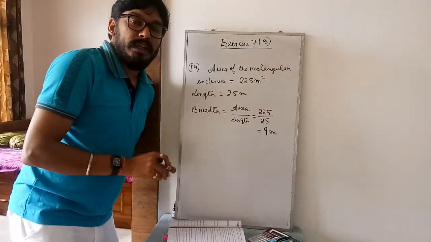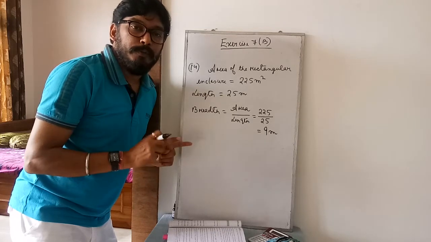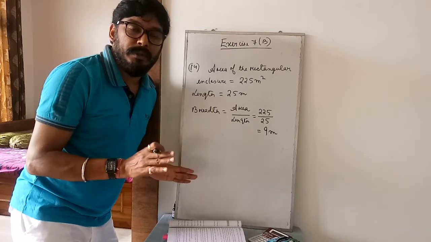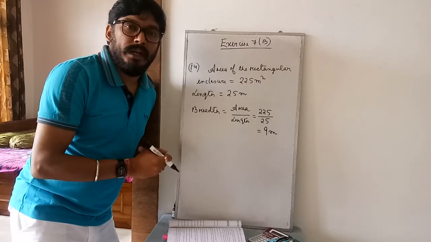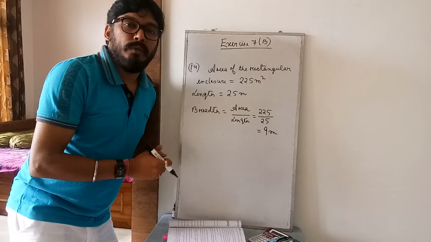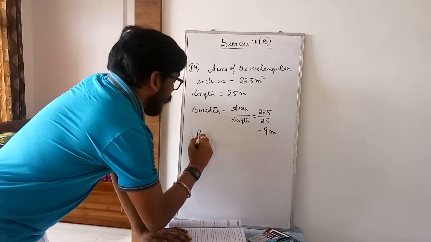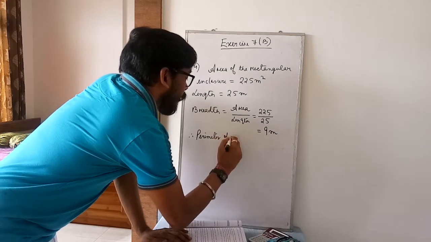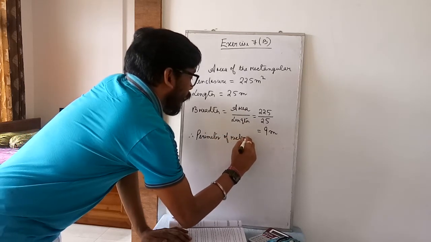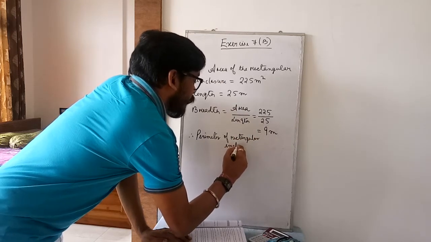Now in the question, what is the total length of the rope to give the fencing? 4x minus 2. So this will work as the perimeter of the rectangular enclosure. Whatever quantity of rope is required to give fencing, that will work as perimeter. So I will write here, therefore perimeter of rectangular enclosure.